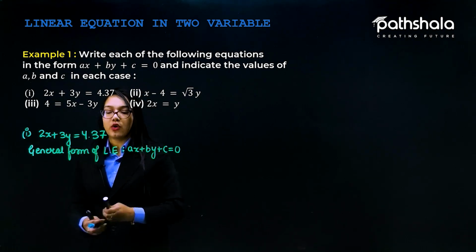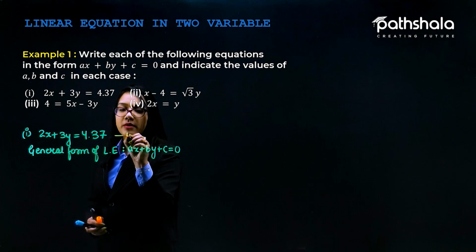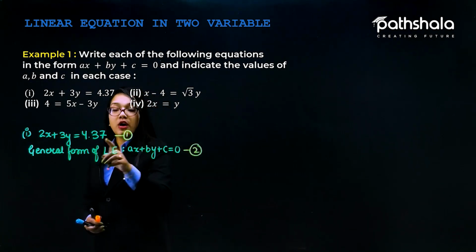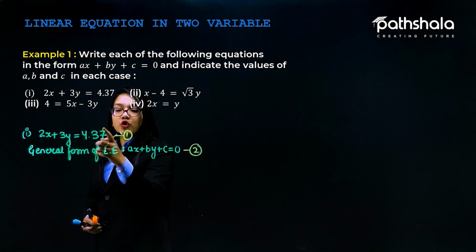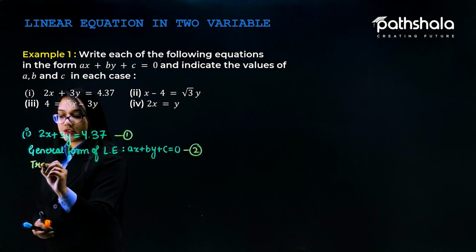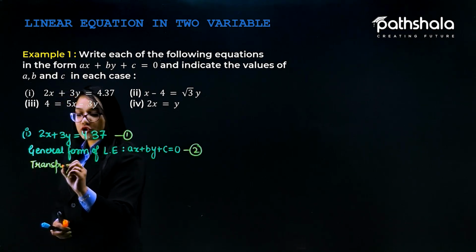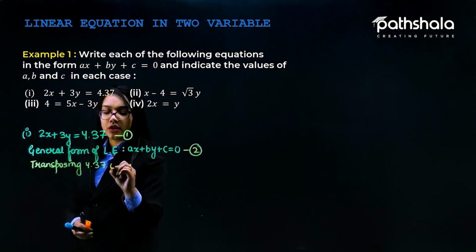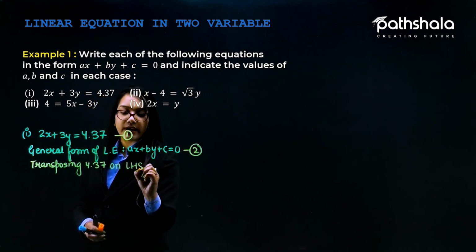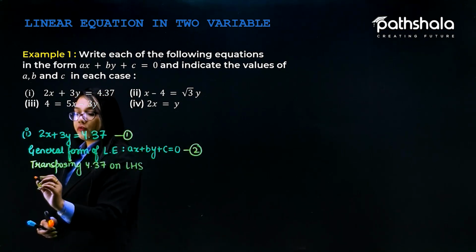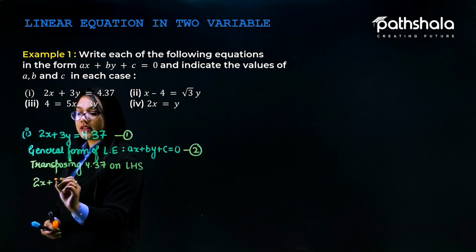In order to express equation number 1 into the form of equation number 2, we are transposing 4.37 towards the left hand side. So if we are transposing 4.37 on LHS, it would be 2x plus 3y.